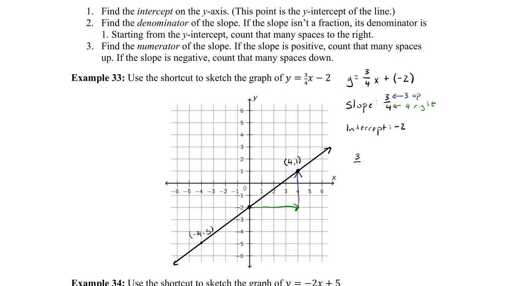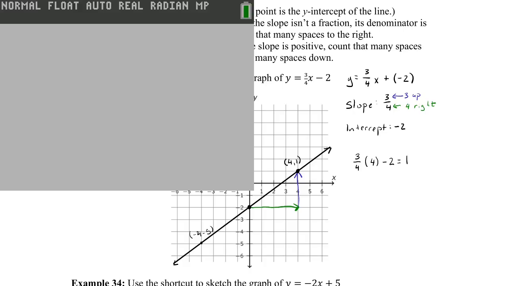The claim is that 3/4 times 4 minus 2 really does give me 1. Putting that into the calculator, we'll say 3/4 times 4 minus 2, and it really does give us 1.